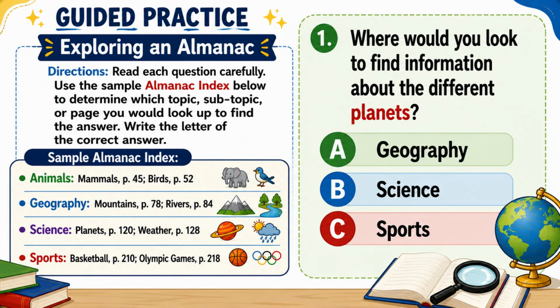Let us now have this activity, guided practice, exploring an almanac. Directions: Read each question carefully. Use the sample almanac index below to determine which topic, subtopic, or page you would look up to find the answer. Write the letter of the correct answer. Sample almanac index.